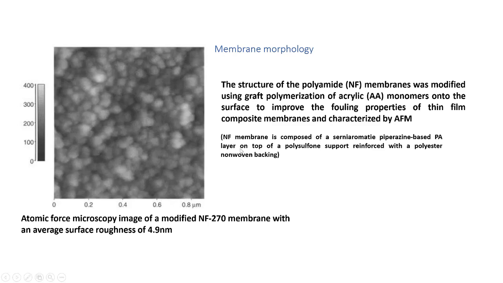Then the membrane morphology can also be checked with the help of AFM. The surface roughness and other parameters can be checked to get the fouling properties of the membrane, and the surface morphology can be observed.